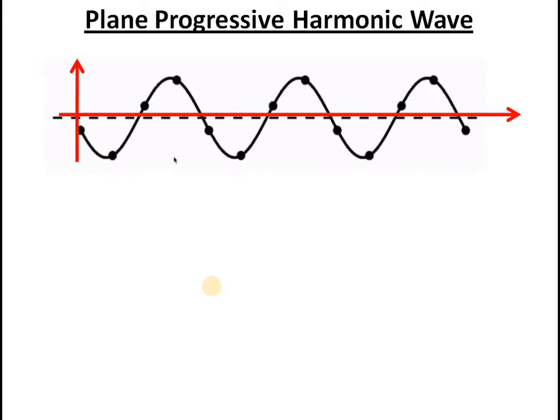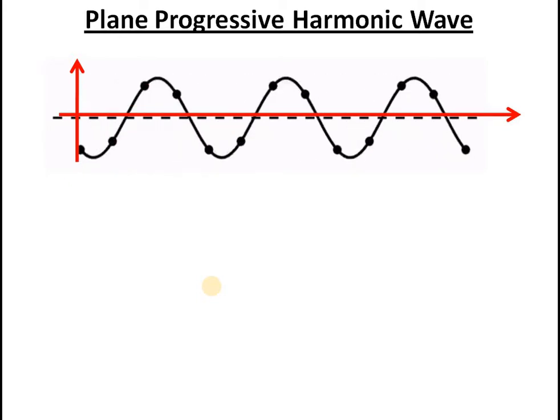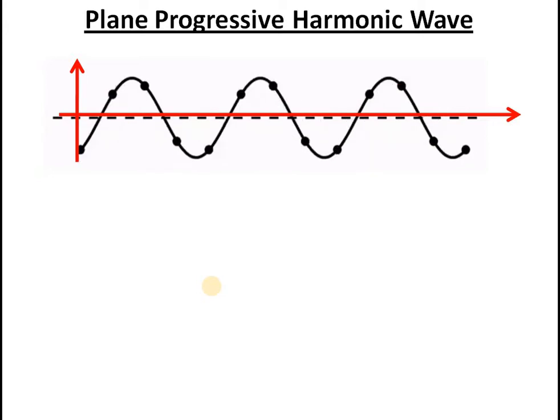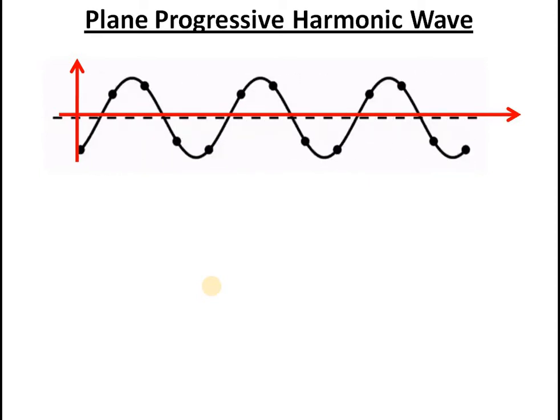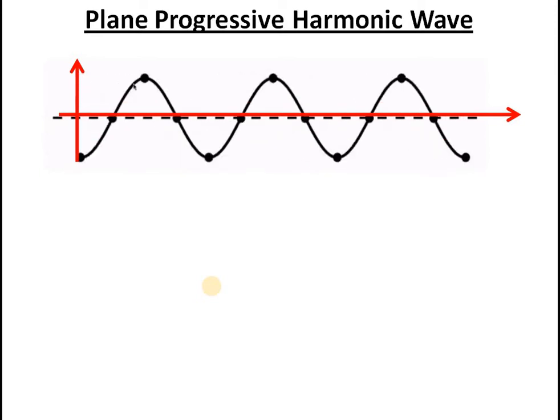And as I introduced, we are mainly, essentially concerned with the plane progressive wave. It's an ideal wave. For a plane progressive wave, its amplitude is constant throughout its propagation. Its frequency is constant, wavelength is constant, and that is the ideal wave.